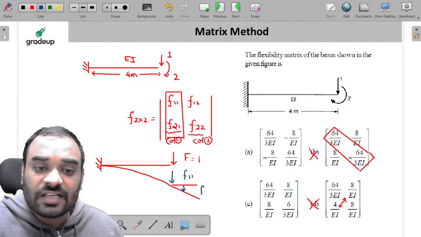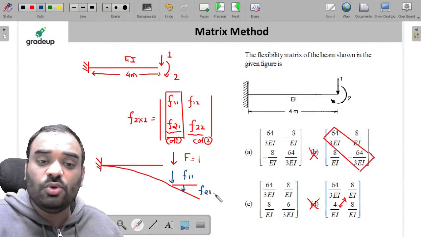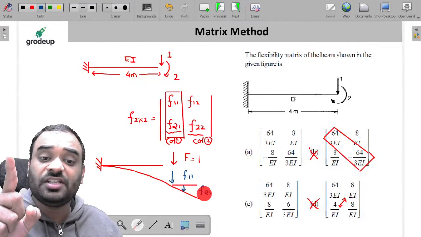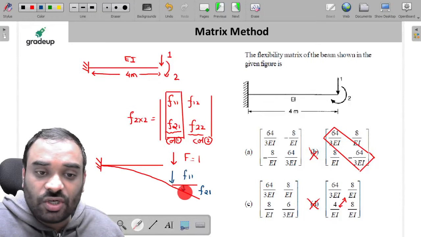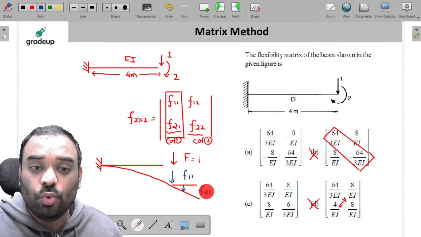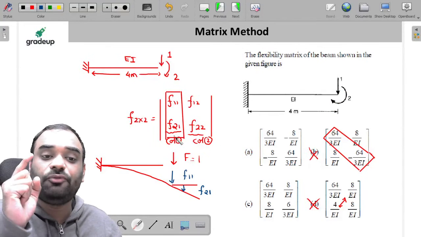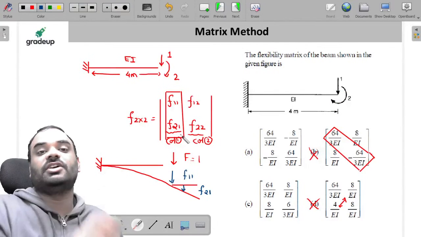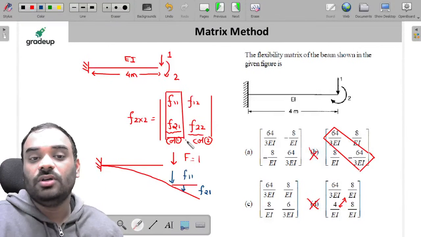So this is your F21 element. It means you are applying unit force in direction 1 and measuring the displacement in direction 2. So if the direction of this particular F21 is same as the direction of coordinate 2, then your F21 is always positive.